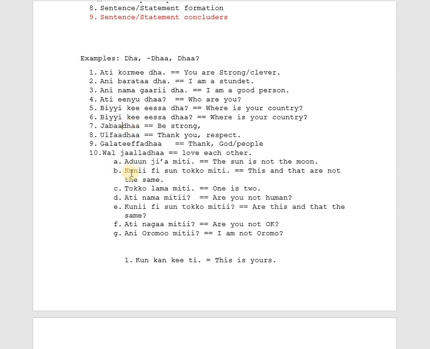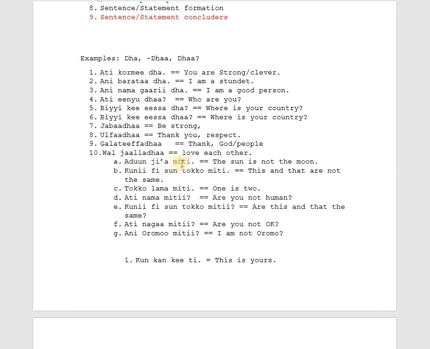Let's go to the next. The other one is mit or miti. Mit or miti has the meaning of, you're gonna see it. Adun jia mit.